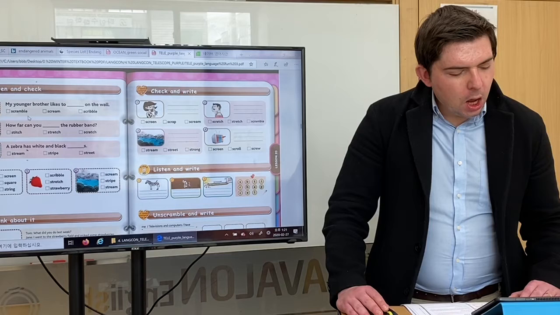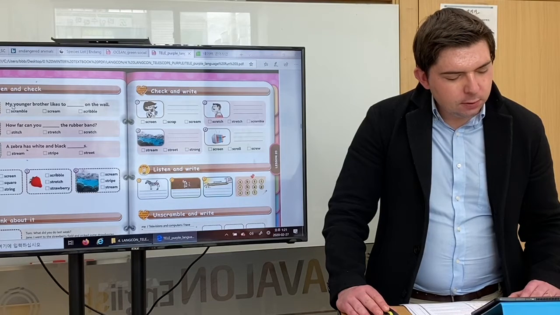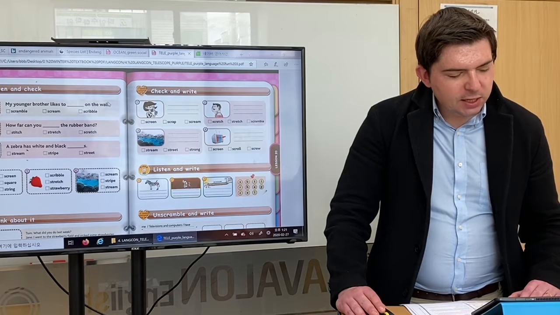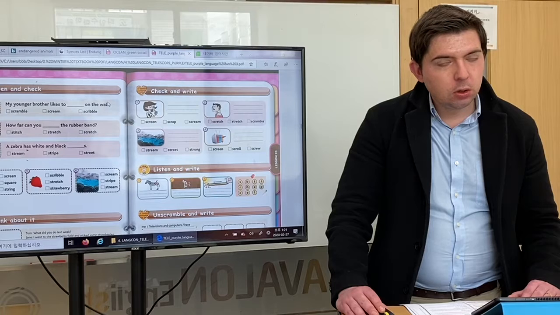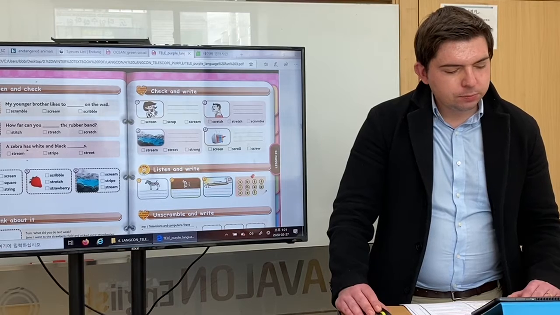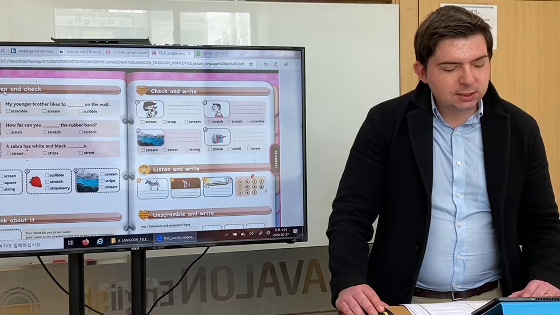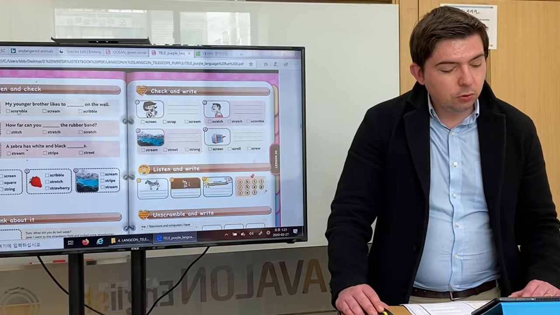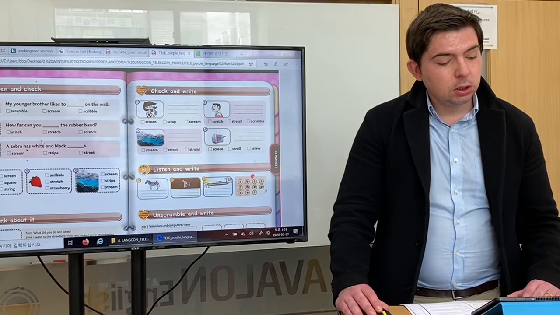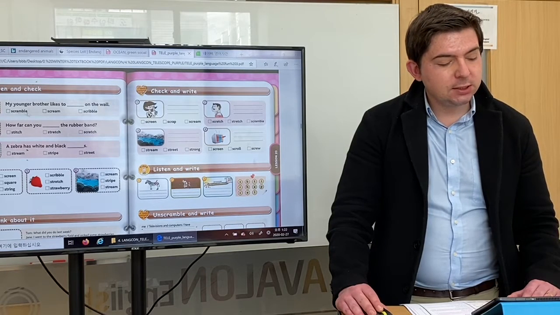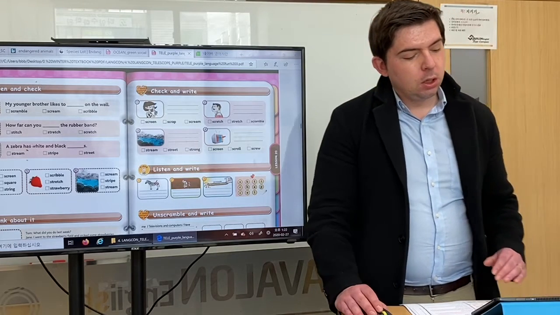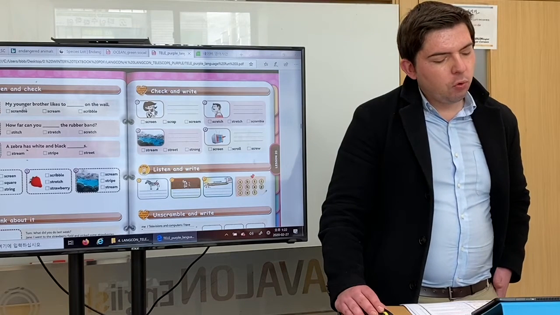Now, I would like you to read the sentences that are given and think about what word will go in these blank spaces. We don't need to listen because you are much, much smarter than that and you know how to do this. So use the sentences as hints. Okay? So let's begin. Number 1.